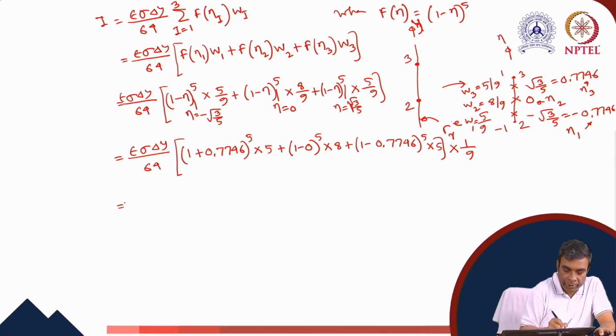So this simplifies to epsilon sigma delta y by 64 into 9.